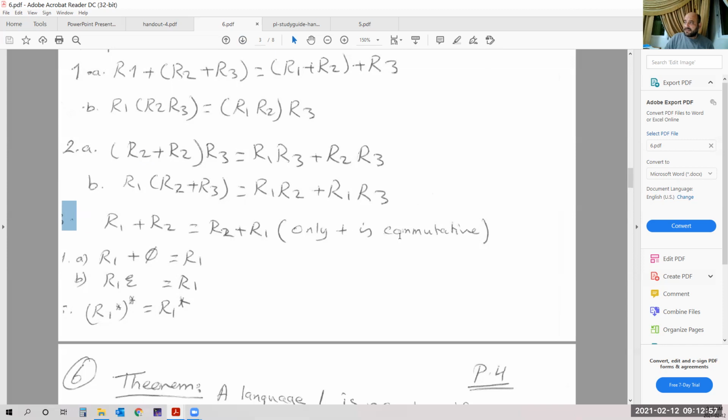Only plus is commutative. The concatenation is not, so R1 dot R2 is not equal to R2 dot R1. R1 plus phi equals R1, R1 plus epsilon equals R1, and R1 star star is the same as R1 star. This is the fifth.